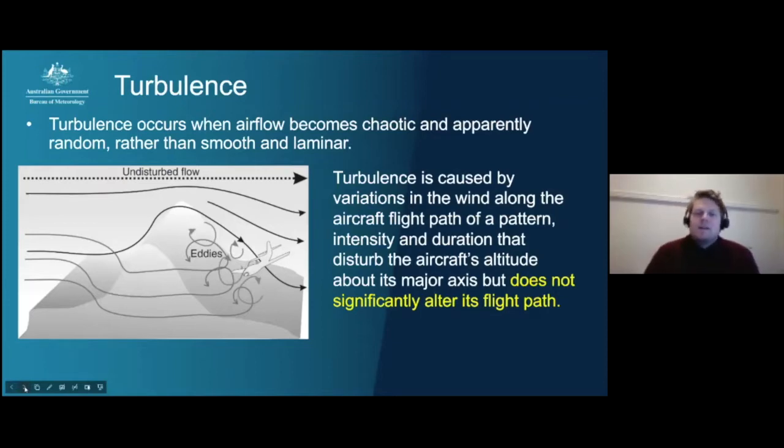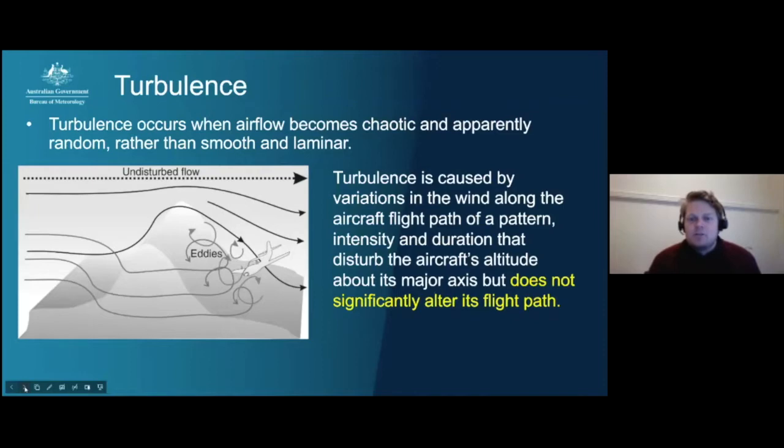So turbulence can be caused by a number of things. One of the examples here is topography. It can be caused by different wind speeds at heights, which we'll go through in a moment, which we call wind shear. And it can be caused by fronts and lows, tropical cyclones, that kind of thing.